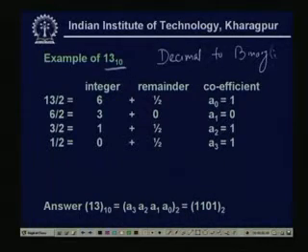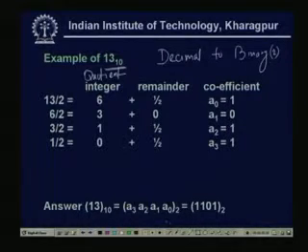So, my binary base is 2. So, 13 divided by 2. The integer portion, that means my quotient, I get 6 and the remainder is 1.